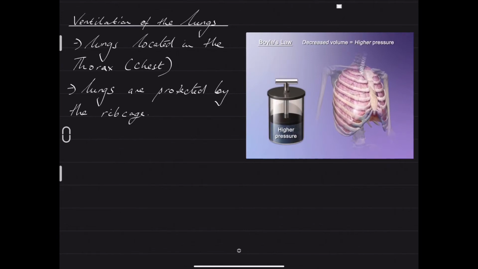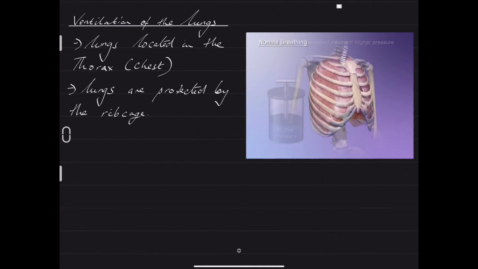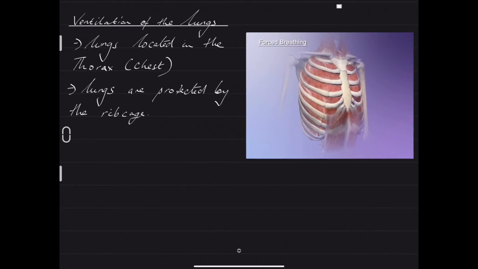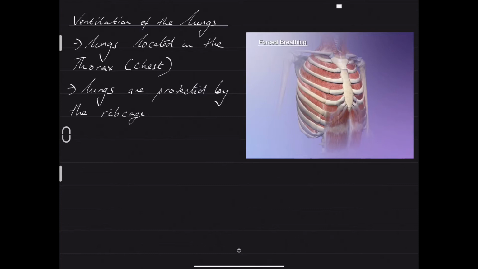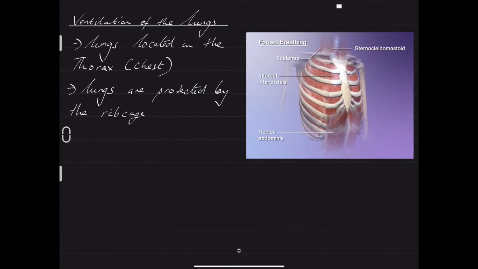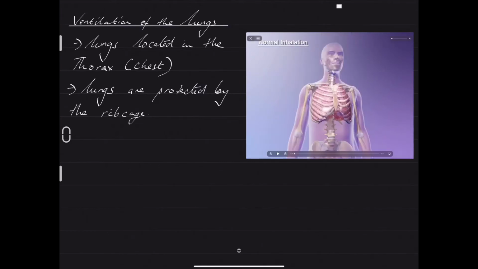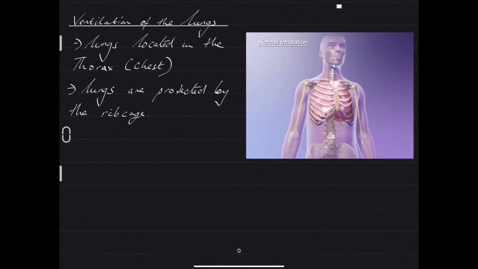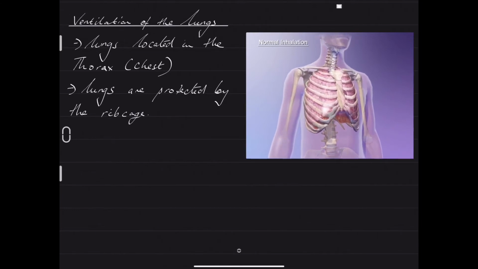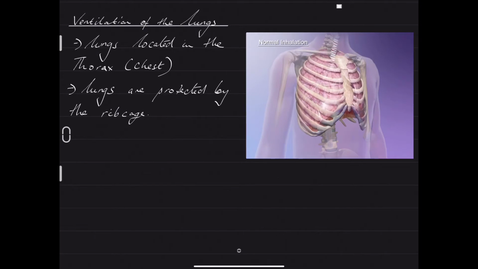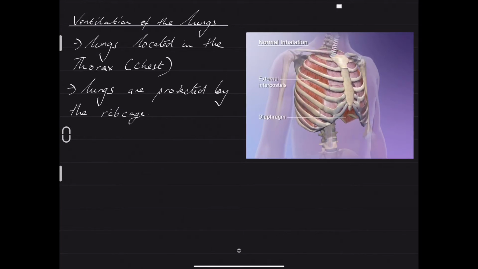Now the digestive organs are separated from the lungs by the diaphragm. So they are separated from the digestive organs beneath the diaphragm. The diaphragm will separate the digestive organs from the respiratory system. So that's our next point.